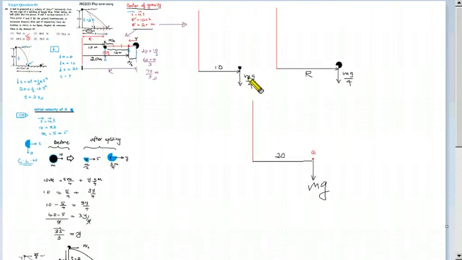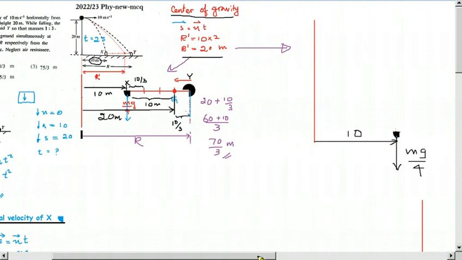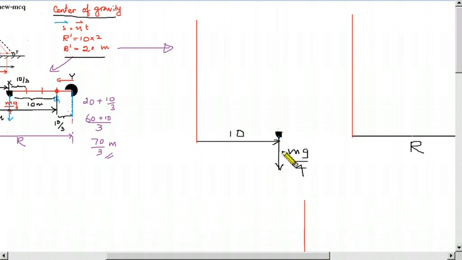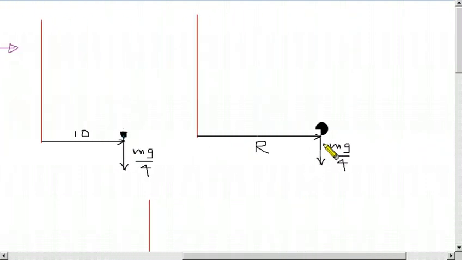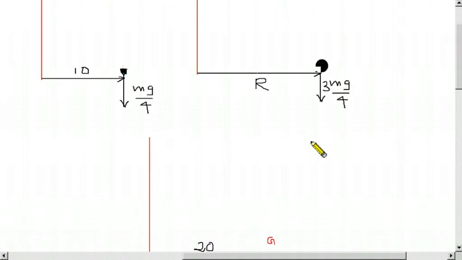Here mg divided by 4. Here 3 times mg divided by 4, because we have taken it as r. This r is what we have to find out. This is the perpendicular direction distance. So now we get the momentum.